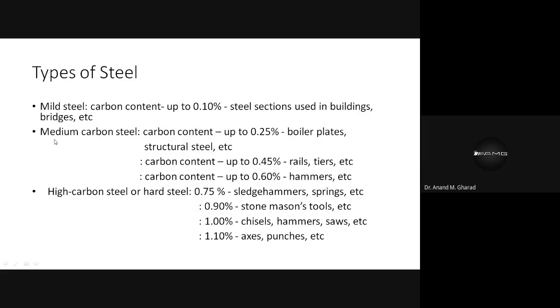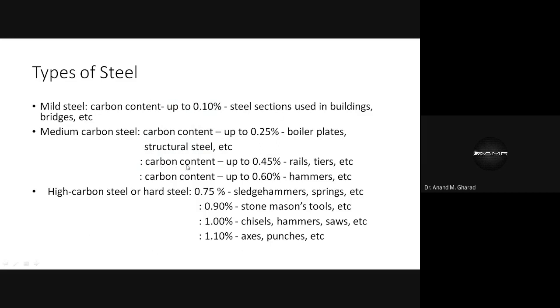The next category is medium carbon steel. As per the name, the carbon content increases, and the increment is up to 0.25%. The purpose of this steel is boiler plates, structural steel, etc. So mostly industrial components are made of this medium carbon steel.